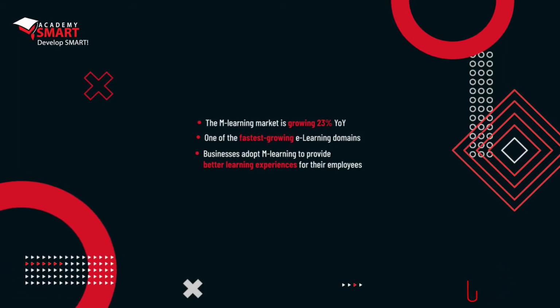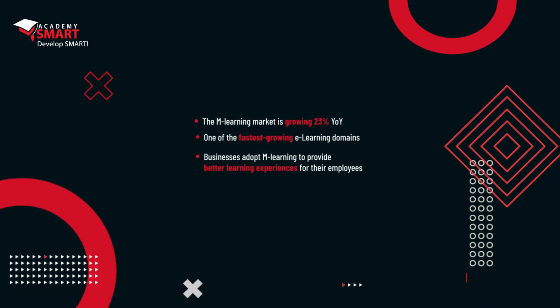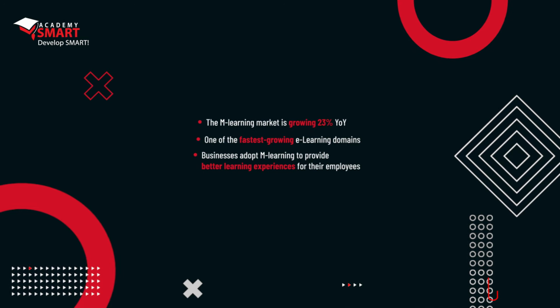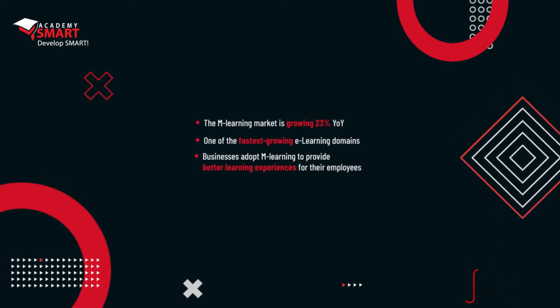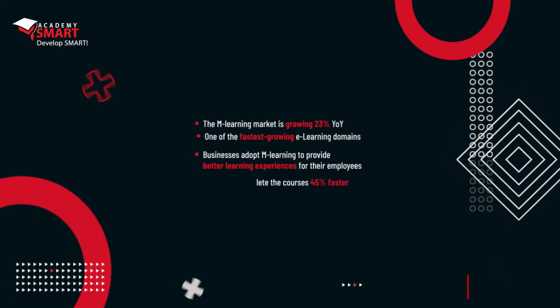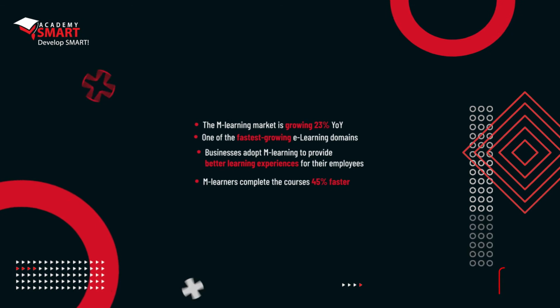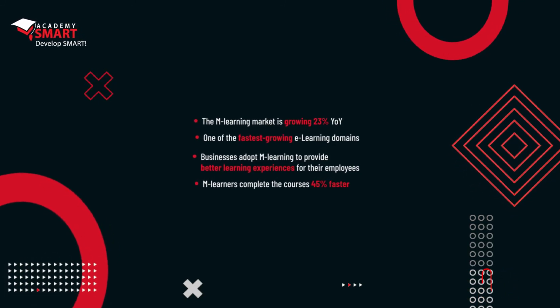Businesses adopt mobile learning as it provides a much better learning experience for their employees, making the implementation of mobile learning apps one of the top 3 training priorities. According to a mobile learning case study from Merrill Lynch, m-learners complete the courses 45% faster, ensuring more time to perform their normal jobs. With the proper LMS, developing and managing mobile learning content becomes an easy task.